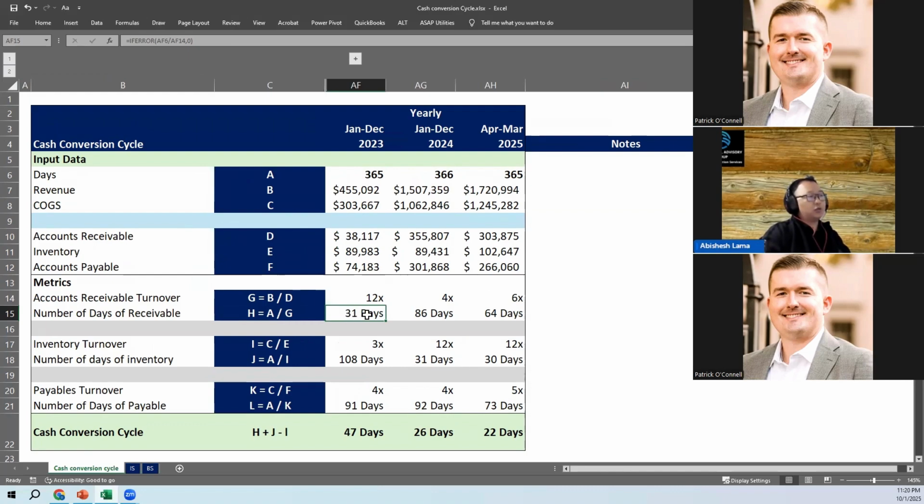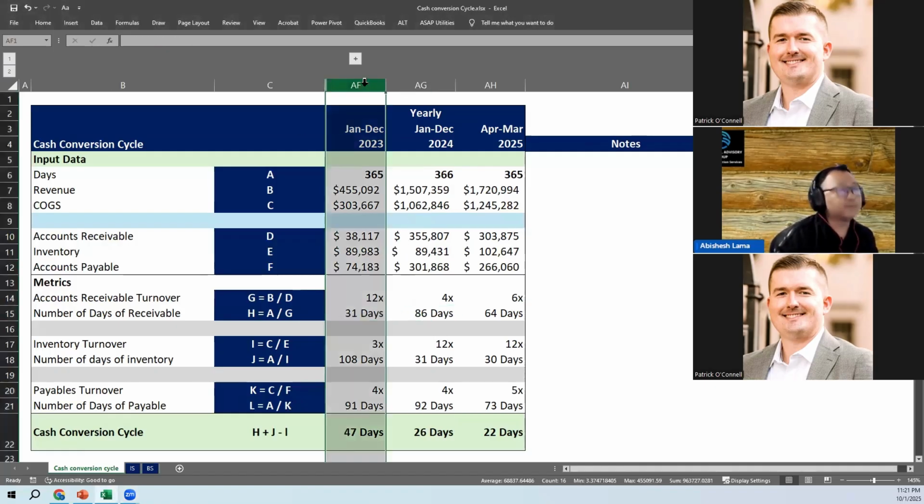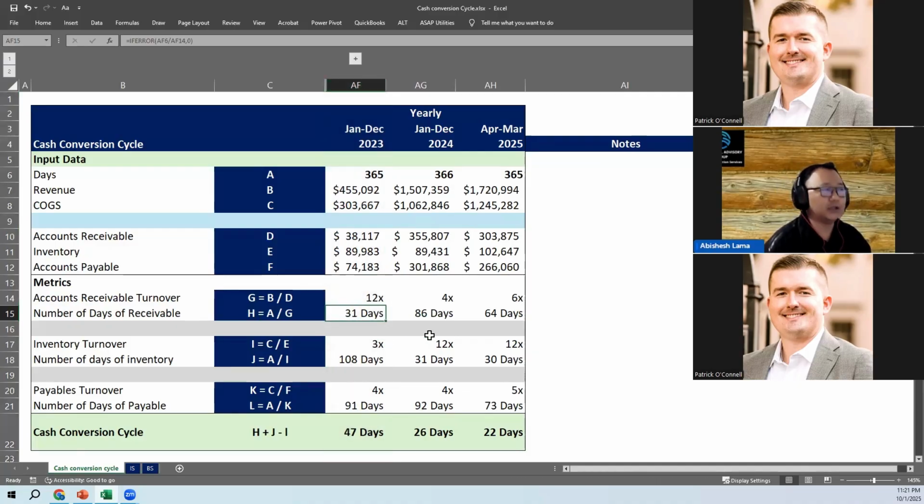Now what we can see here is December 23, the days sales outstanding was 31 days, and December 24, it went up to 86 days. When we inquired with the target about this, what we noted was that 2023 was their starting year, and since they were starting off, they were having lower value orders which were getting collected relatively earlier.